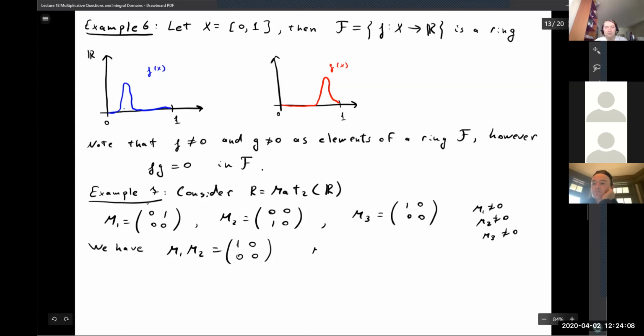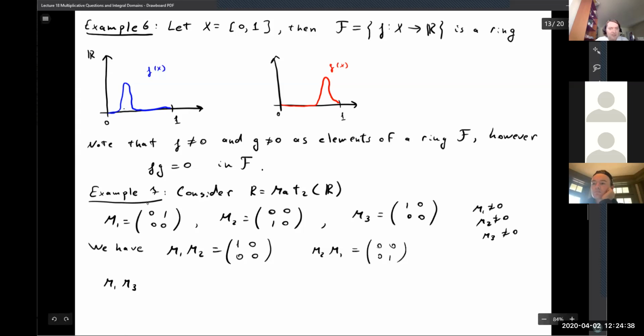Well, that's not 0, nothing too unexpected. But now let's look at M2 M1. This one is a bad example, by the way. I started with the wrong pair, so disregard this pair. Nothing cool.